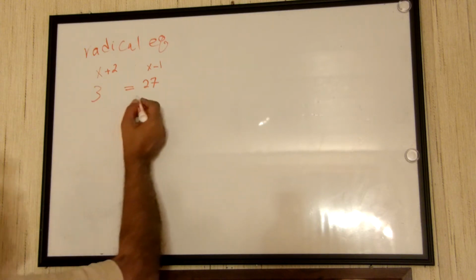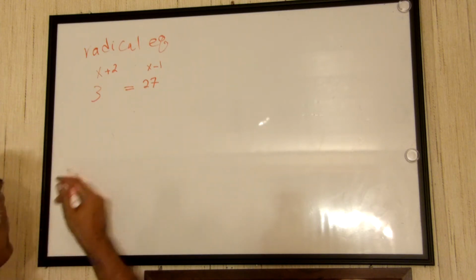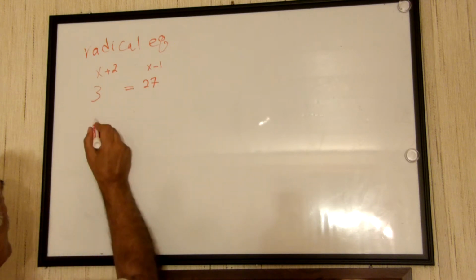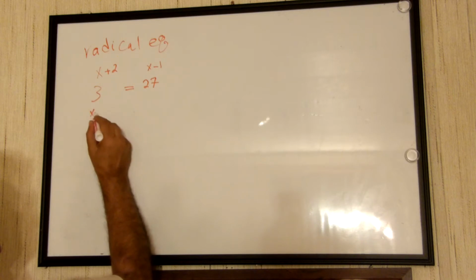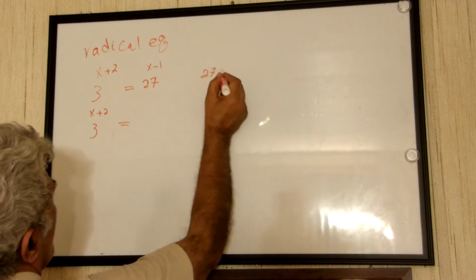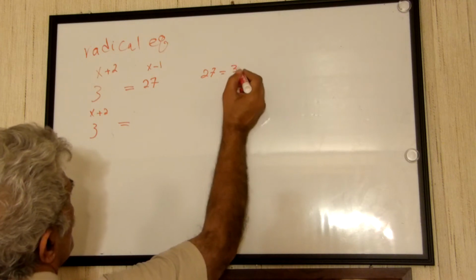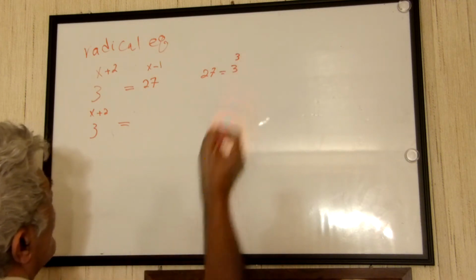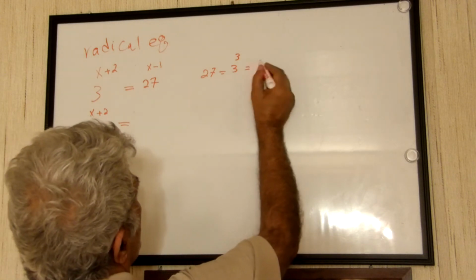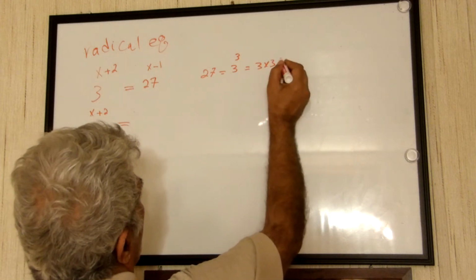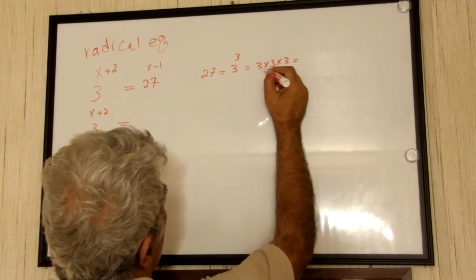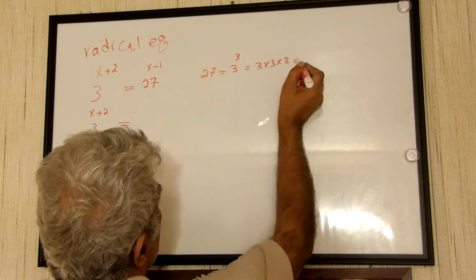On this equation, what we do is, we say okay, 3 to the power x plus 2, and 27 is 3 to the power of 3, because if we multiply 3 by itself 3 times, 3 times 3 is 9, 9 times 3 is 27.